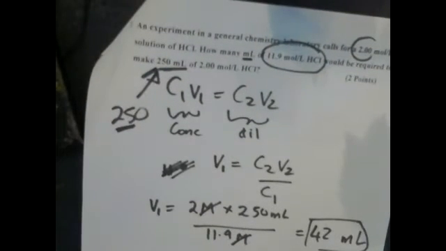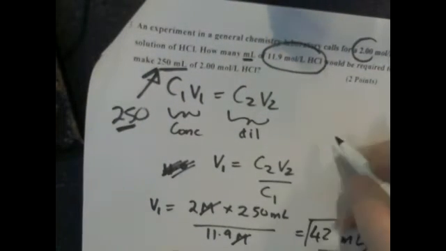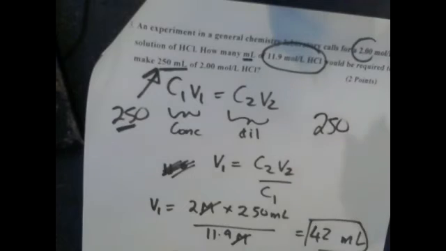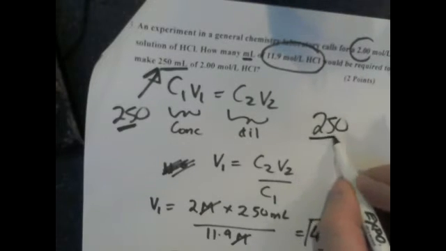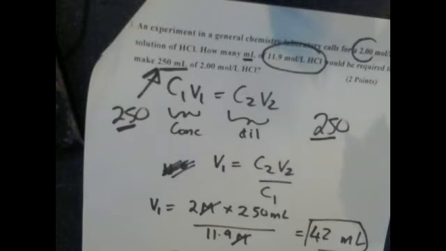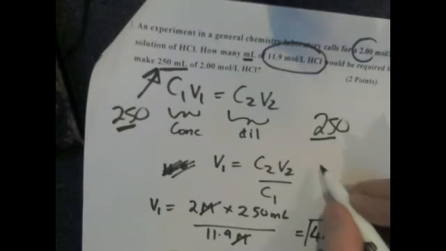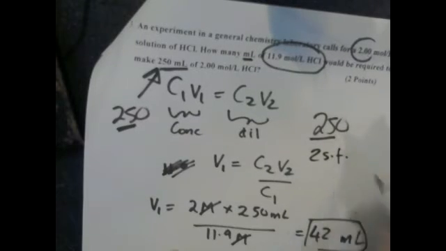The number that is written is 250, and our rule is that any non-zero number is significant, so those two are significant, and then trailing zeros at the end of a number are only significant if the number has a decimal point. This number doesn't have a decimal point, so that means it has two significant figures. So that's what's going on there.